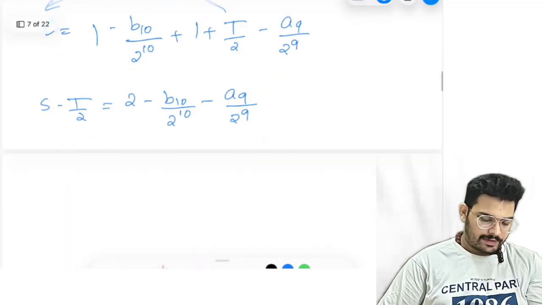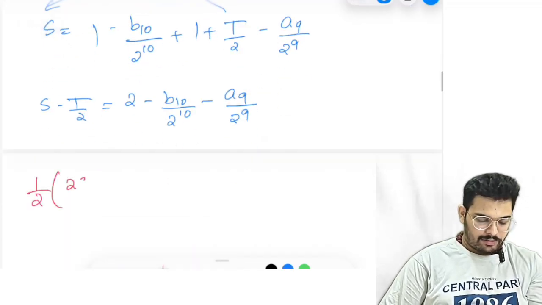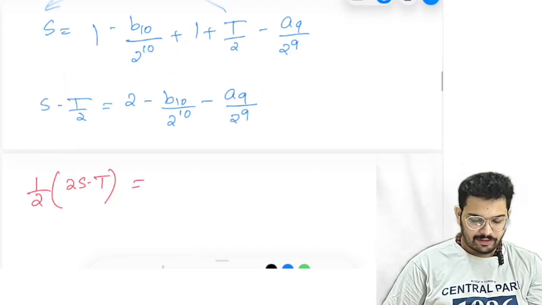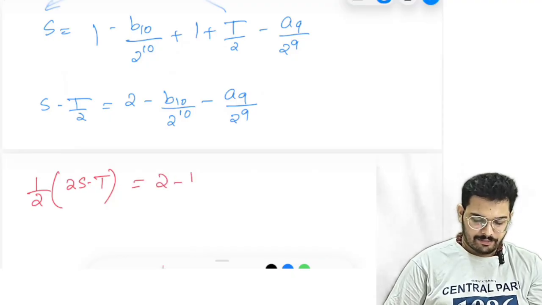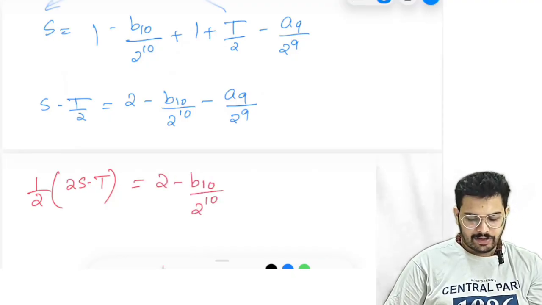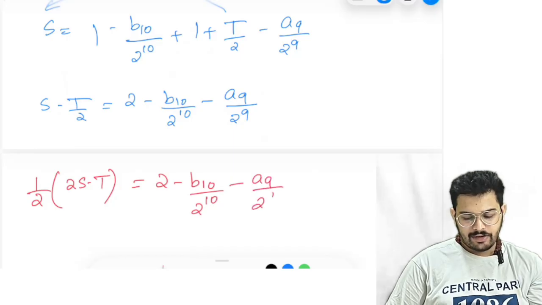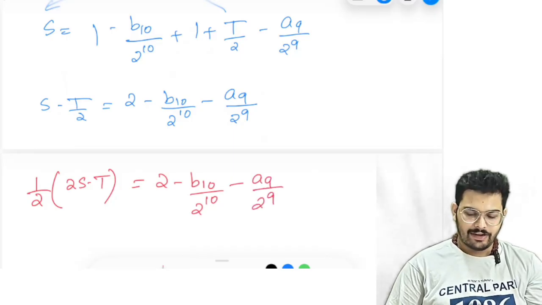If you take LCM, this will become 1 by 2 into (2s minus t), which is equal to 2 minus b10 divided by 2 raised to 10 minus a9 divided by 2 raised to 9. We need the value of a9.